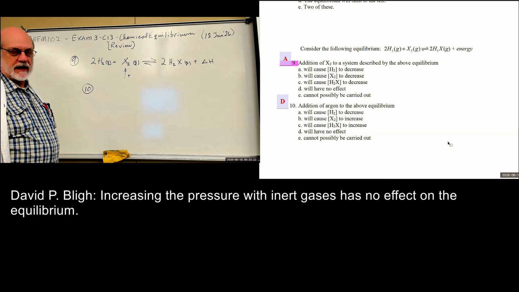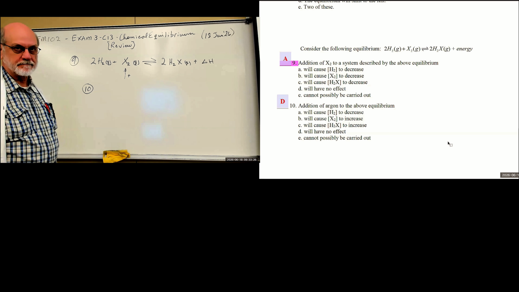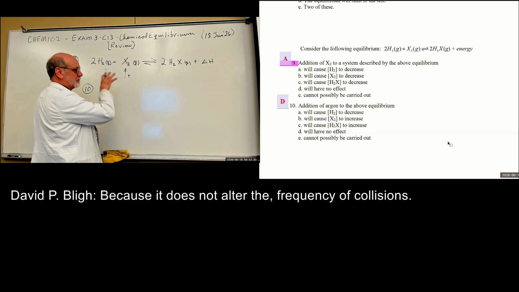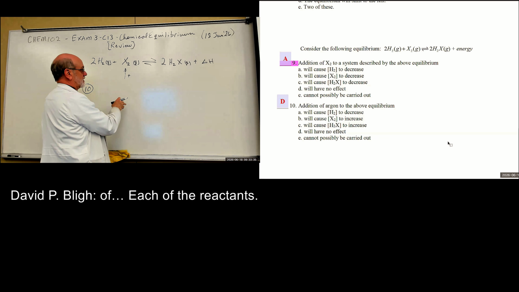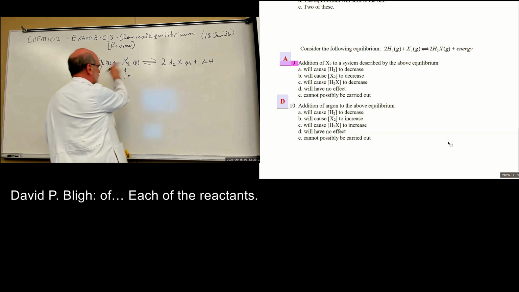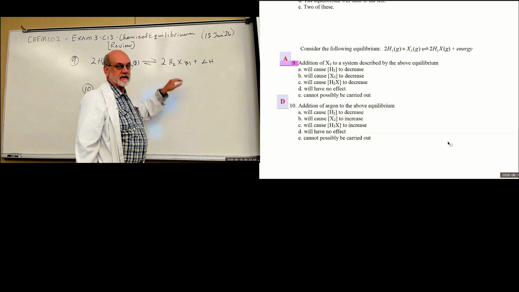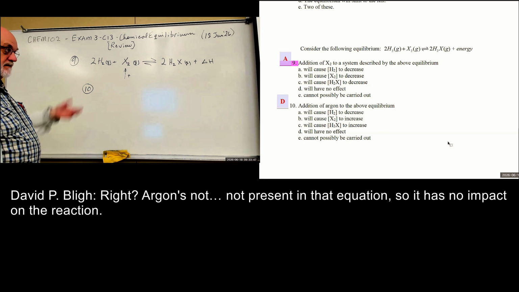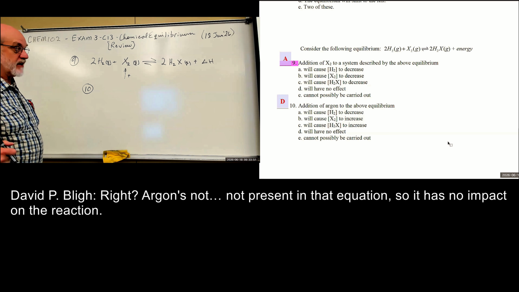No. Increasing the pressure with inert gases has no effect on the equilibrium because it does not alter the frequency of collisions of each of the reactants or the decomposition of the H2X, right? Argon's not present in that equation, so it has no impact on the reaction.